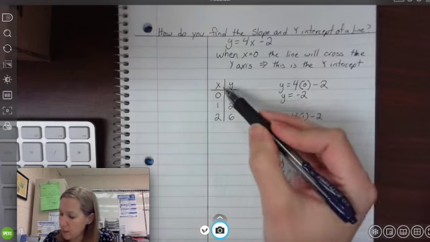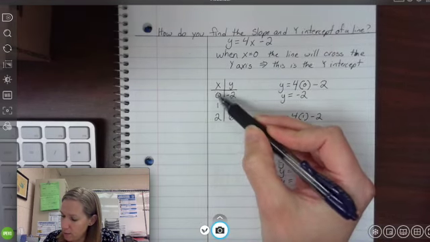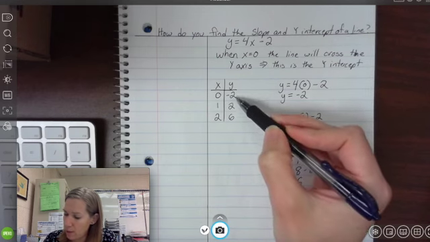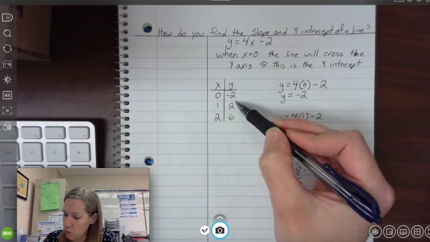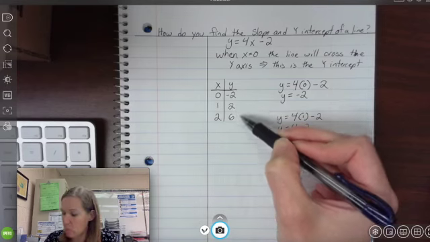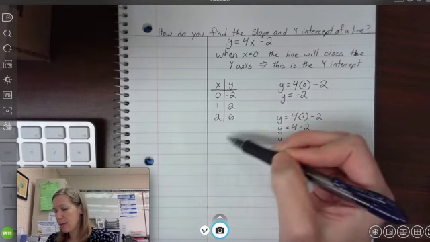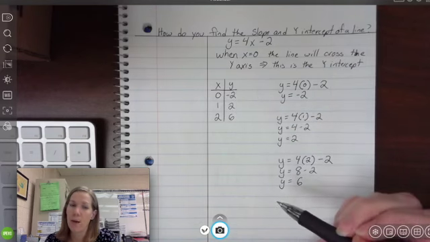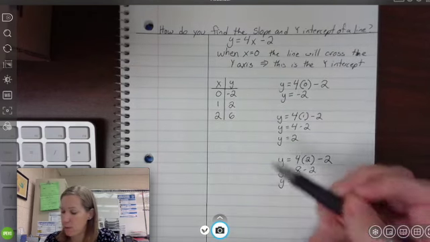Now if you notice, our x's are going up by 1, so plus 1, plus 1, where our y's are going up by 4. So negative 2 plus 4 is 2, plus 4 is 6. So we know this is a linear equation because both the x and the y are going up by the same amount.